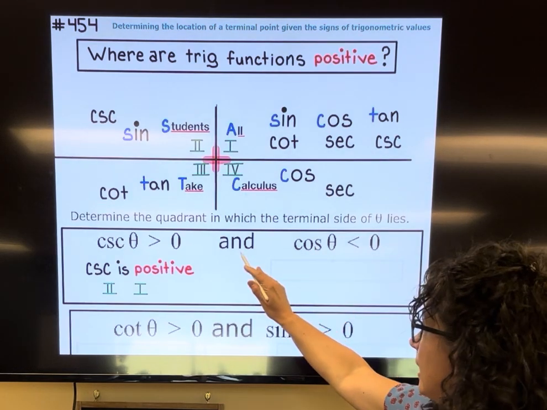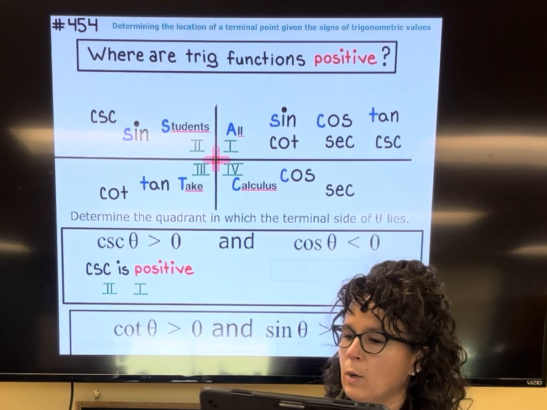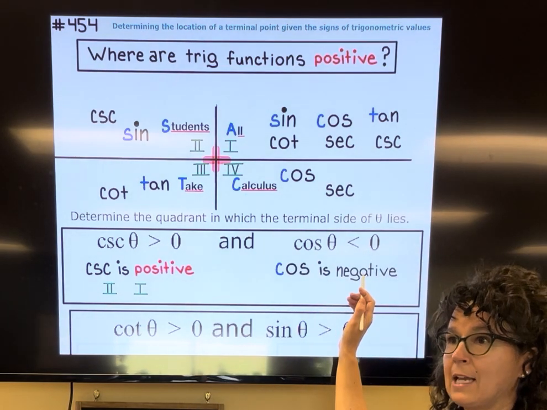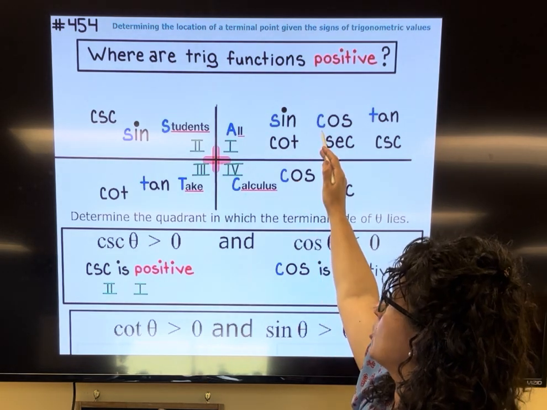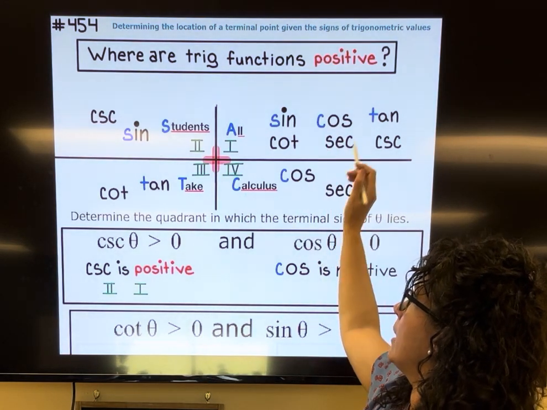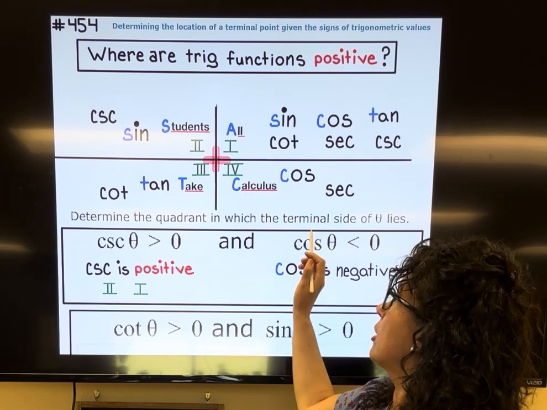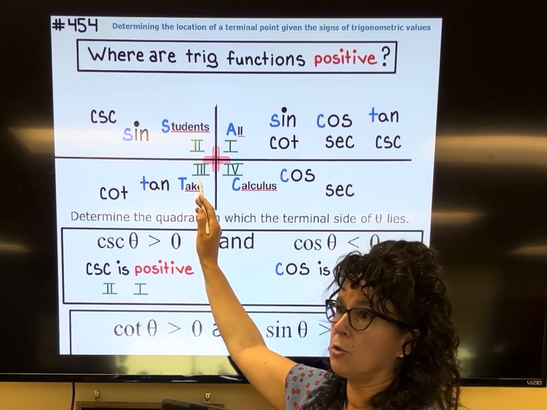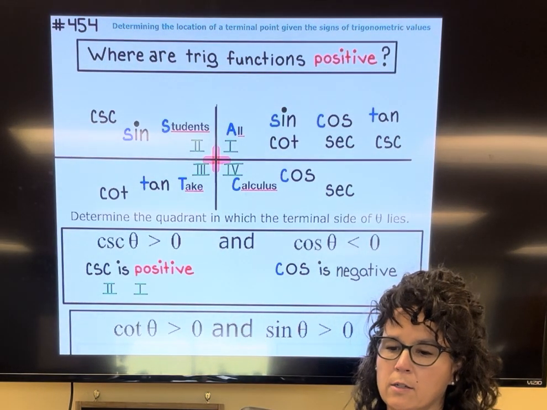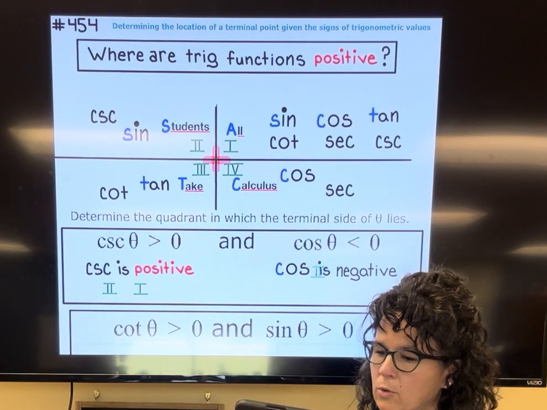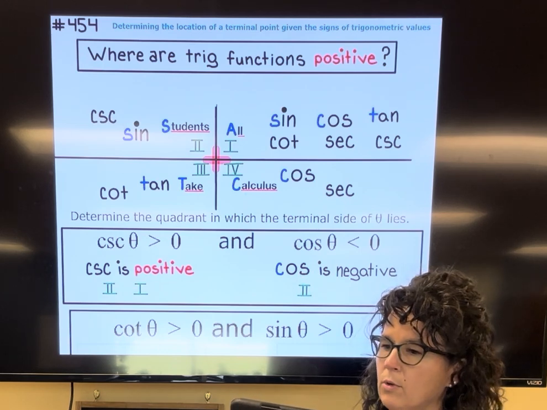Okay, then, the cosine is less than 0, which is another way of saying that the cosine is negative. Well, if the cosine is positive, all trig functions are positive in quadrant 1, and cosine is positive in quadrant 4, well then cosine is negative in quadrants 2 and 3. Okay, so I'm going to put here 2 and 3.